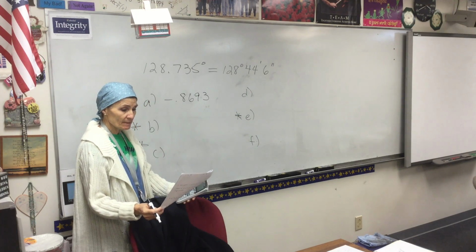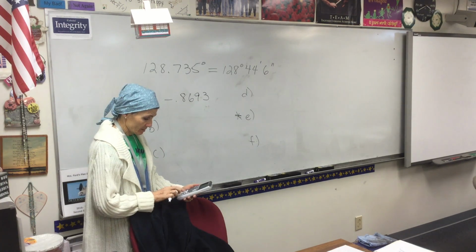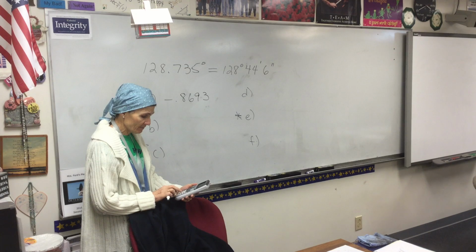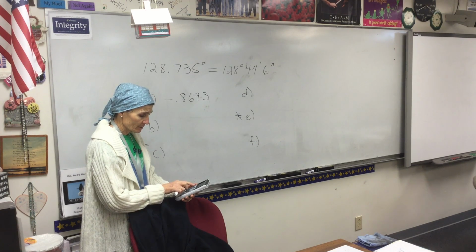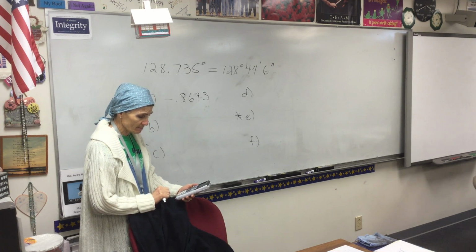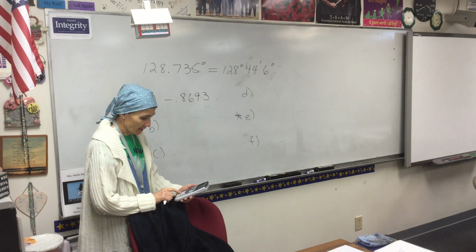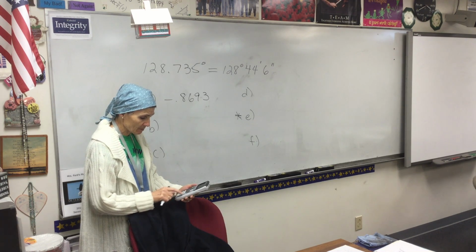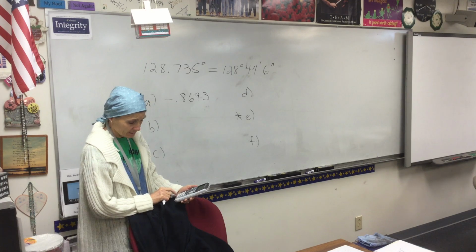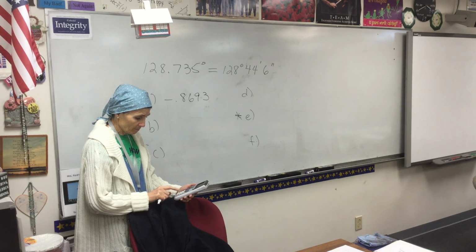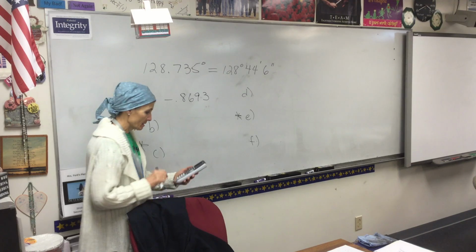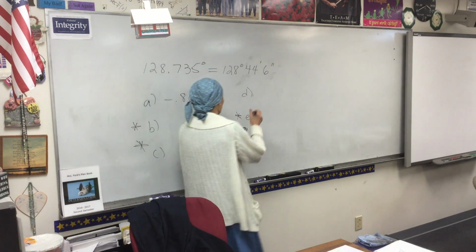Now I'm skipping to D. So remember how to type this in, sine 52, second apps degrees, 11, second apps down 1 minutes, 12 alpha plus. Did you get 0.7900?